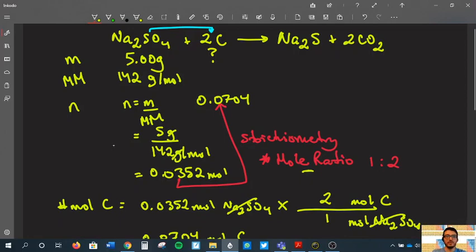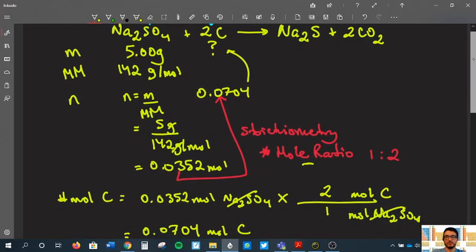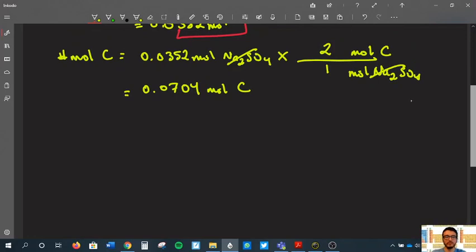We are missing mass. So now the question just became a mole conversion problem. We're going from moles of carbon, which we now have, 0.0704, to grams, mass. Okay, let's do that. Now let's use our formula here.